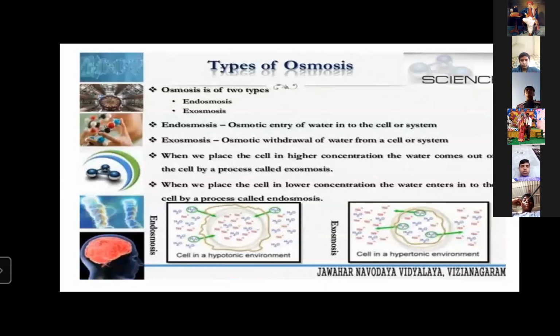And then next one is the types of osmosis. There are two types of osmosis: number one is endosmosis and number two is exosmosis.